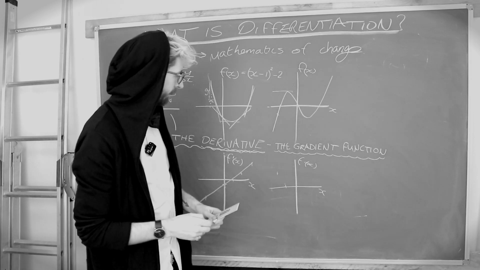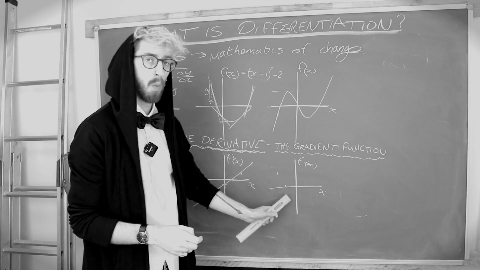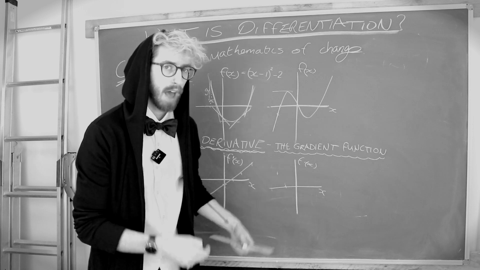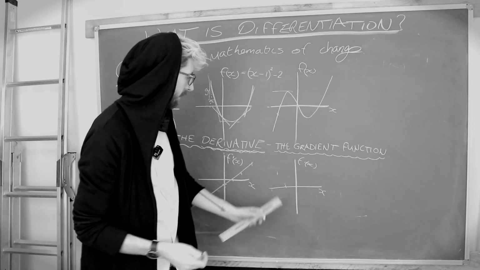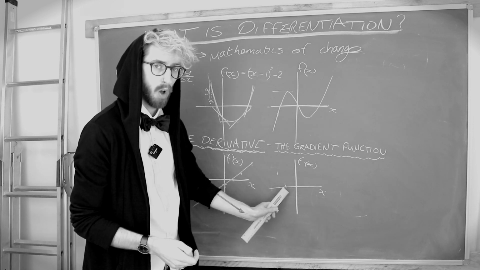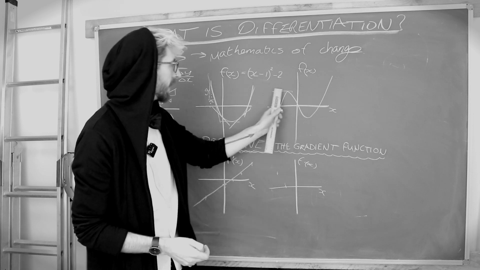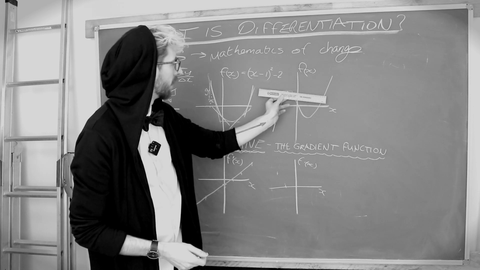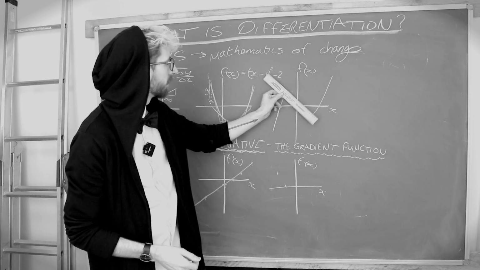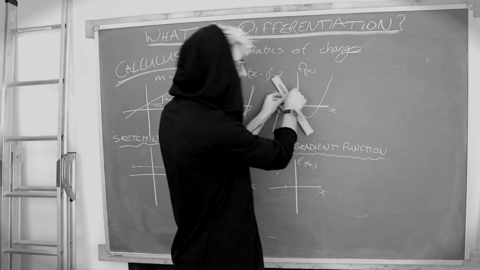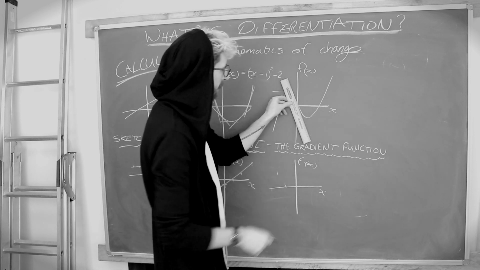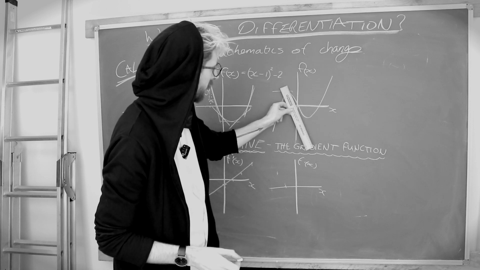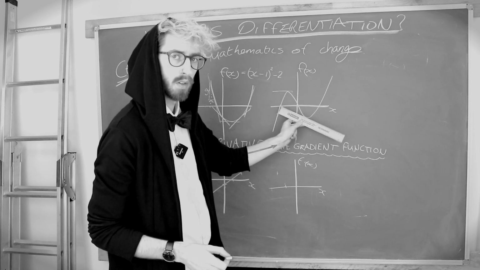Now remember, the y-axis here doesn't represent our function, it represents f prime of x, which is the derivative. So I've gone down to 0 on the y-axis because that means we've got a 0 gradient. Once we pass that, we start getting a negative gradient. But let's not draw any tangents yet. Negative gradient, then it gets to here and it starts going less negative.